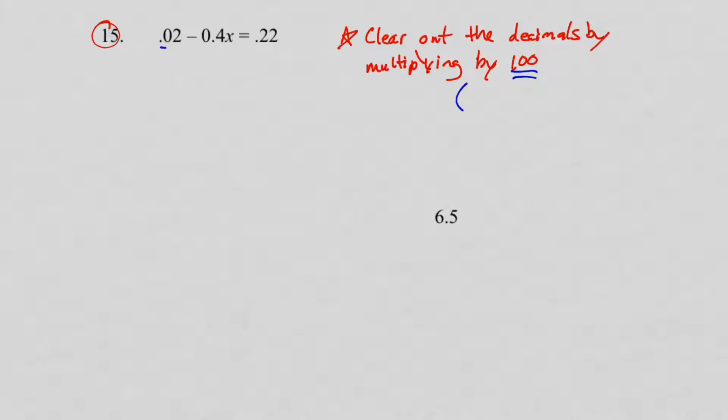Okay, so if you look here, I got 2 decimal places there, I got 1 decimal place there, and 2 there. So the most decimal places that I have to clear out happen to be 2 in this case, okay?